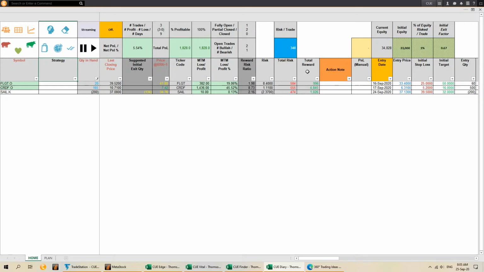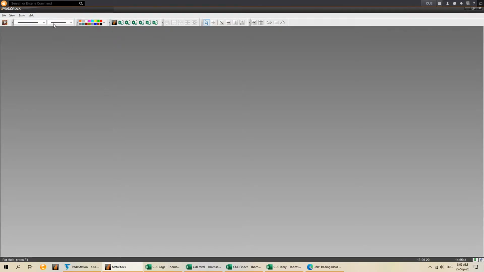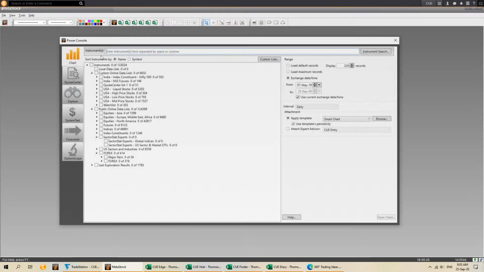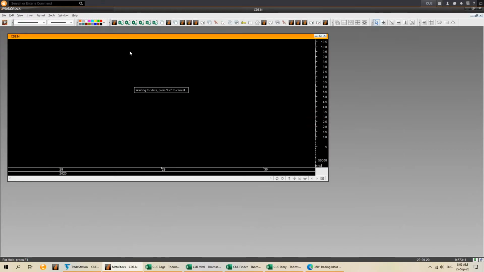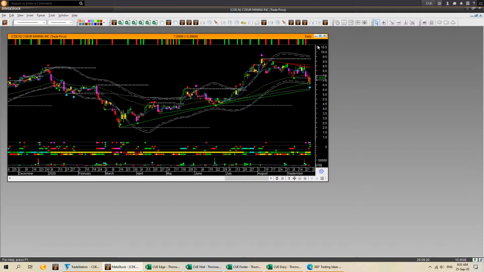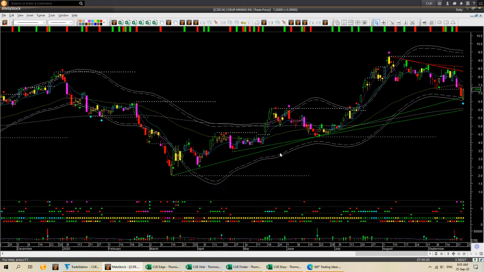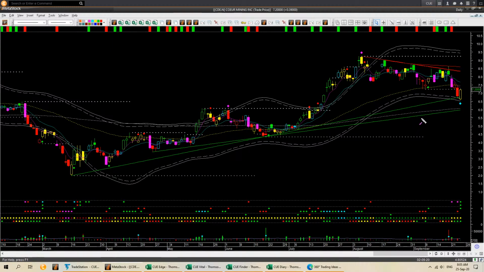Q Diary calculates the risk per trade based on the entry level and stop loss level. Let's take an example. I shared an idea on a stock today. If somebody was going to buy a gold mining stock, then CDE seemed to be a fairly good choice.